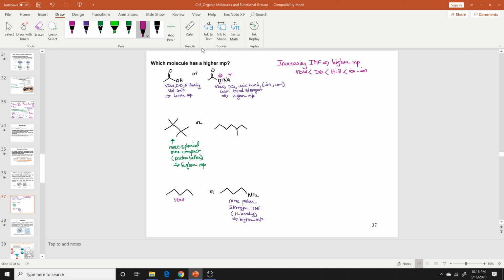And if you're looking at two compounds, always check the functional group, because if you have a molecule that has stronger intermolecular forces, then immediately that molecule will have a higher melting point than the other.